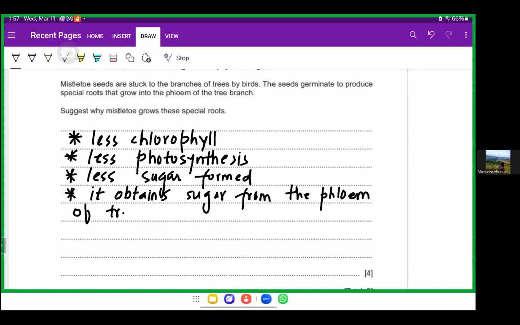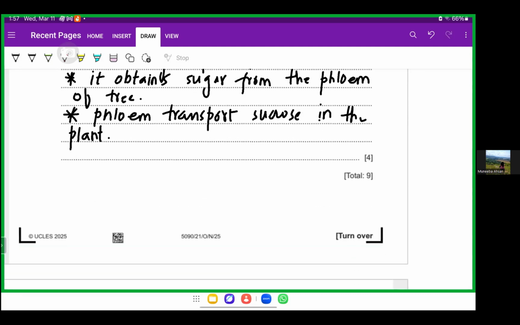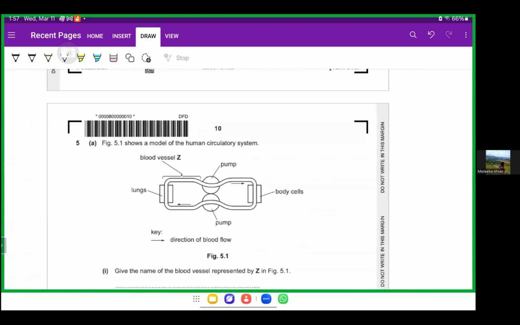As you know, phloem transports sucrose in the plant. Perfect. Okay, now moving on to the next question.